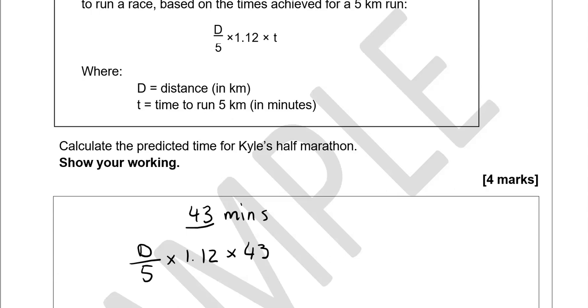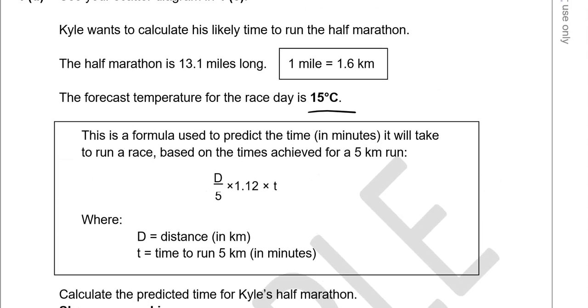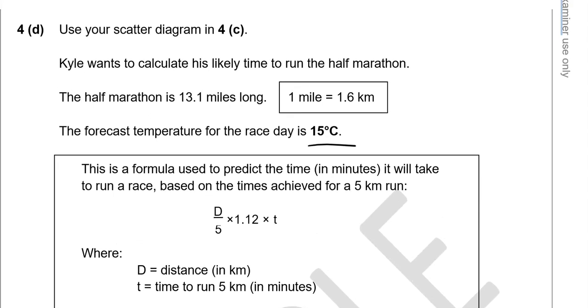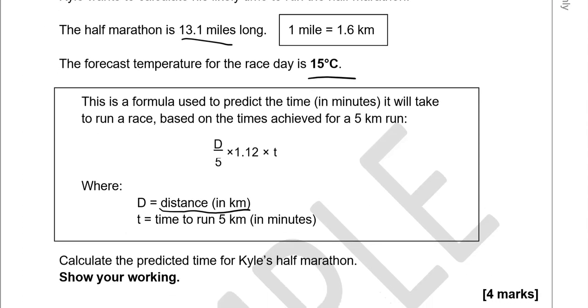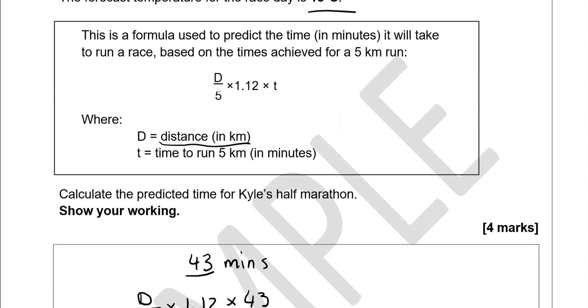But what is the value of d? Because to work out the final answer, we need d. So d is distance in kilometers. We're given it in miles, but we haven't worked it out in kilometers. So 13.1 miles. 1 mile is 1.6 kilometers.